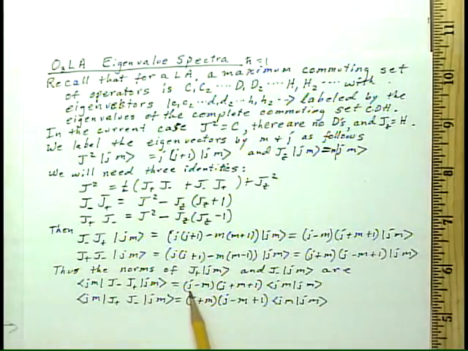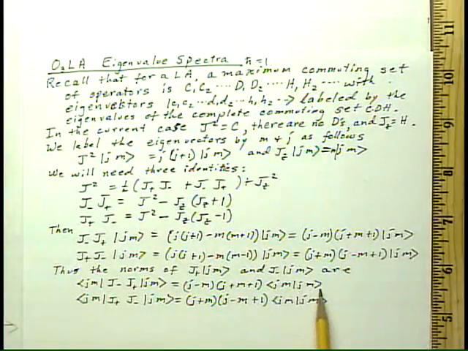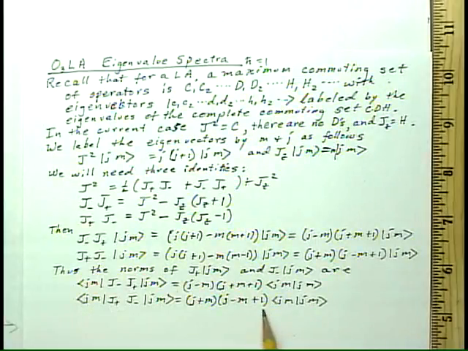Then, since that gives us (j minus m) times this other expression here, times ⟨jm|jm⟩, it follows that we've related the norm of this vector to the norm of this vector and some coefficient. Likewise, we can take the norm of J minus times |jm⟩, and when it is multiplied by its Hermitian conjugate, we get this, which gives us this, times ⟨jm|jm⟩.